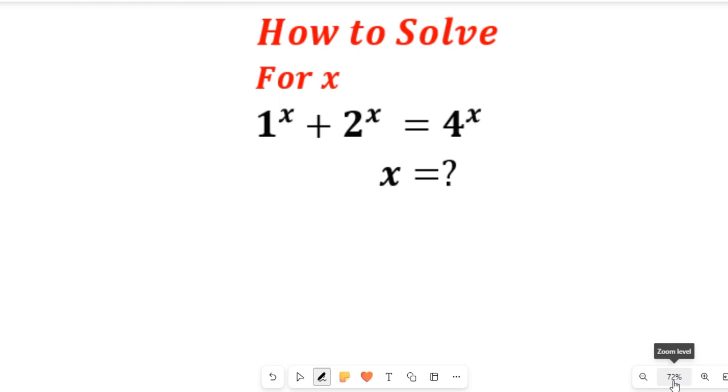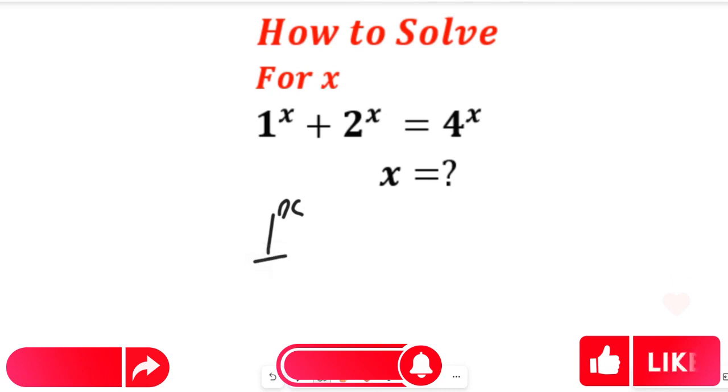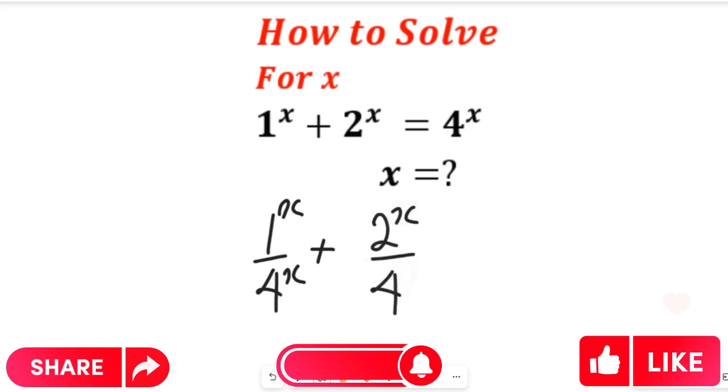Now let's try that. To solve this, we are going to divide all through by 4 to the power of x. If we do that, we'll have 1 to the power of x divided by 4 to the power of x, plus 2 to the power of x divided by 4 to the power of x, and this will be equal to 4 to the power of x divided by 4 to the power of x.